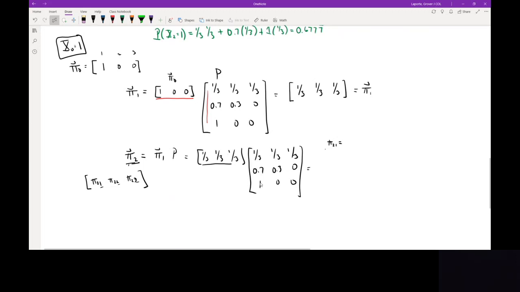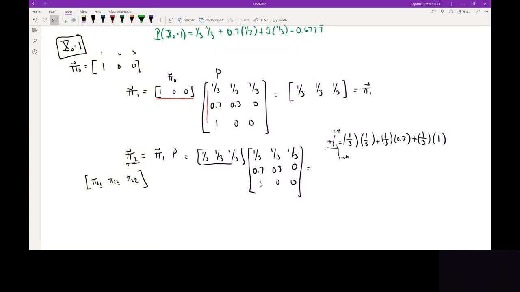So let's see what we get. 1/3 times 1/3 plus 1/3 times 0.7 plus 1/3 times 1. And so that would be the probability in the second step of state 1.